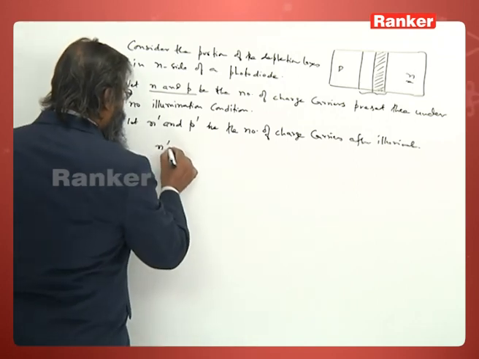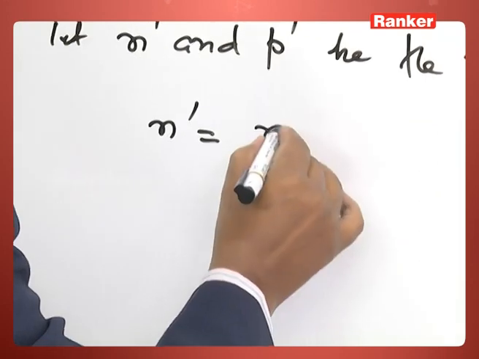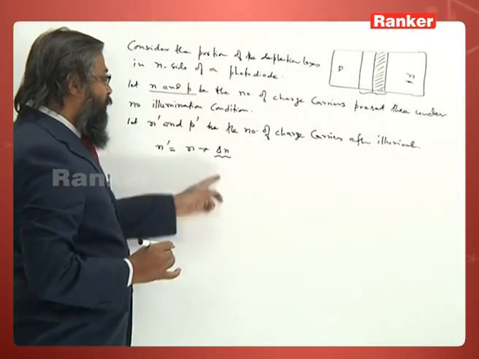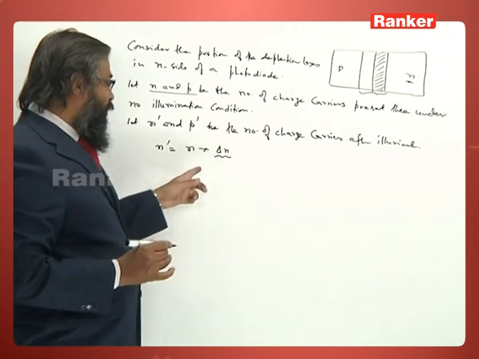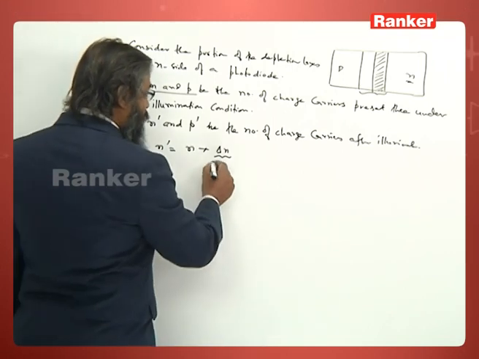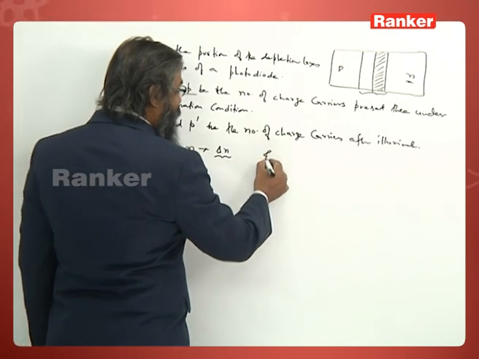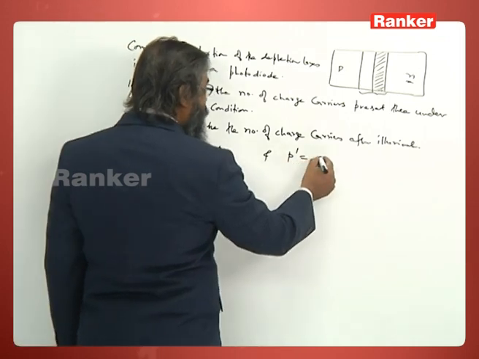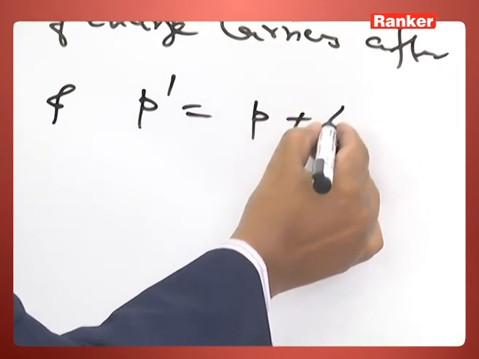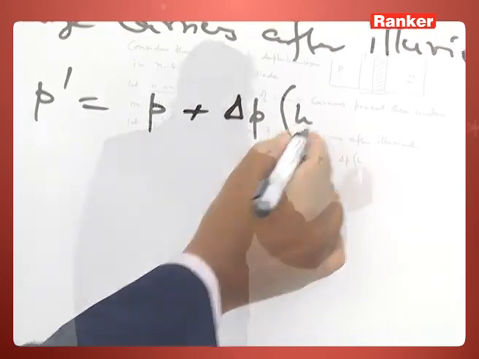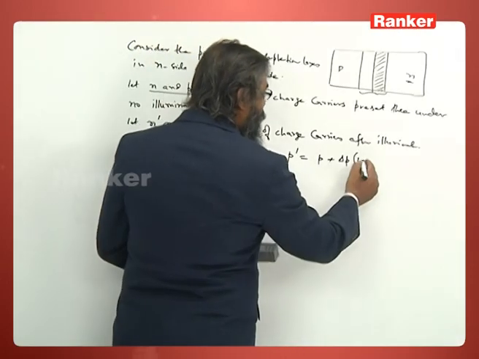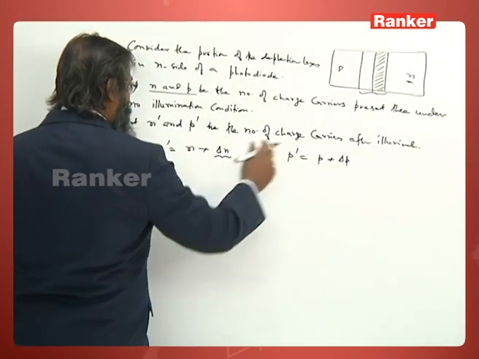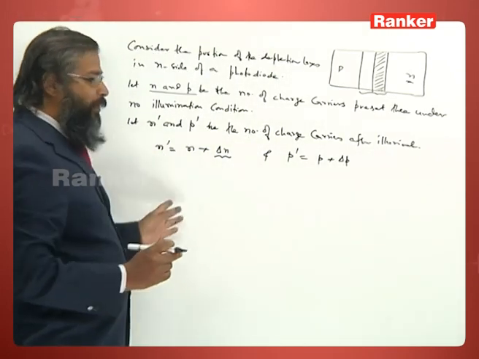So, N dash will be equal to previous N plus delta N. Suppose this is the number of charge carriers created by light due to photons. And we have P dash, P is the number of holes, so P dash will be P plus delta P. So, this delta P and delta N are created due to photons, h nu light, or simply photons.